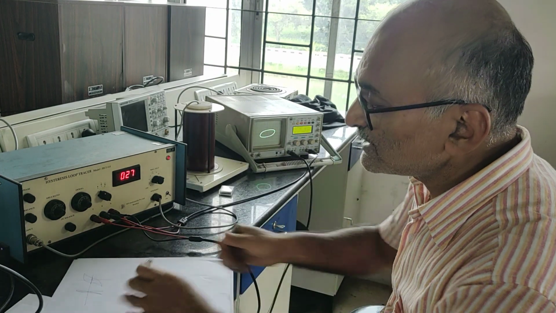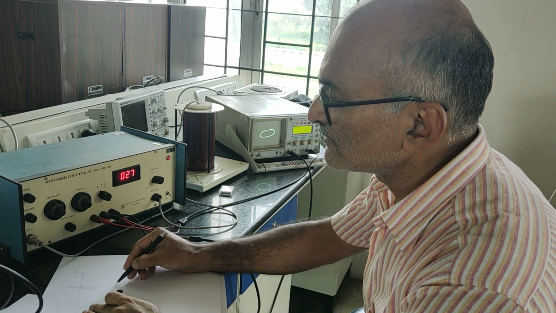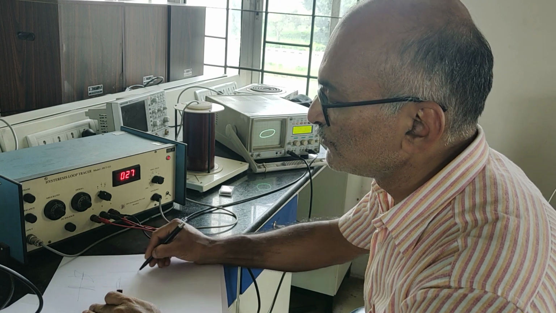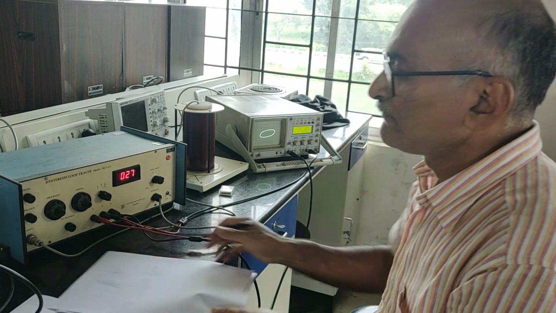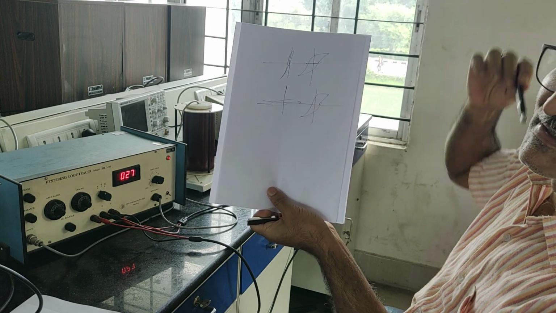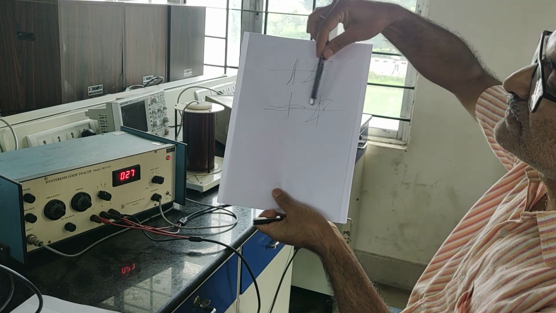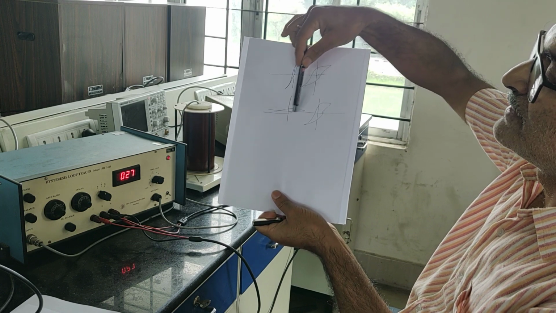But again, suppose you have two materials like this. One is this, another one is this. What you see here, what is varying here? Mostly the retentivity part, isn't it?